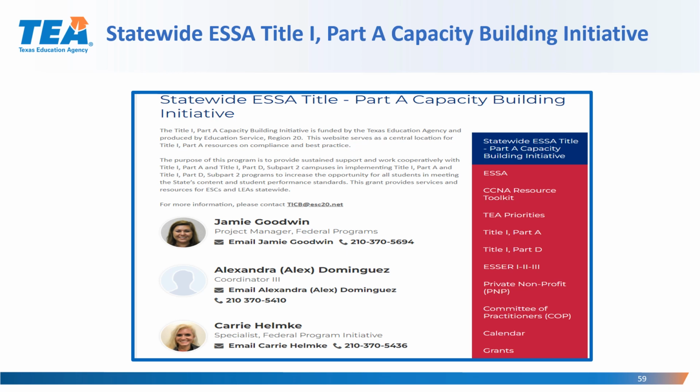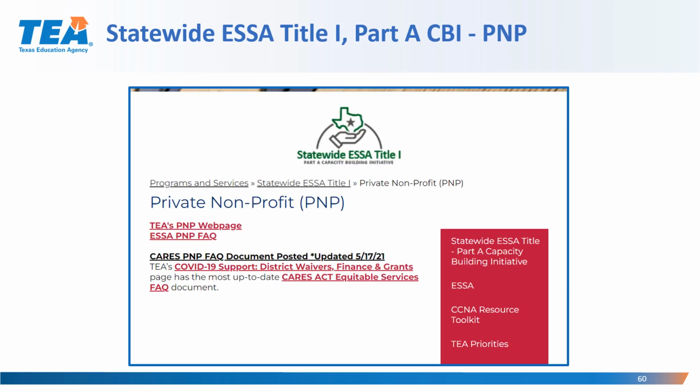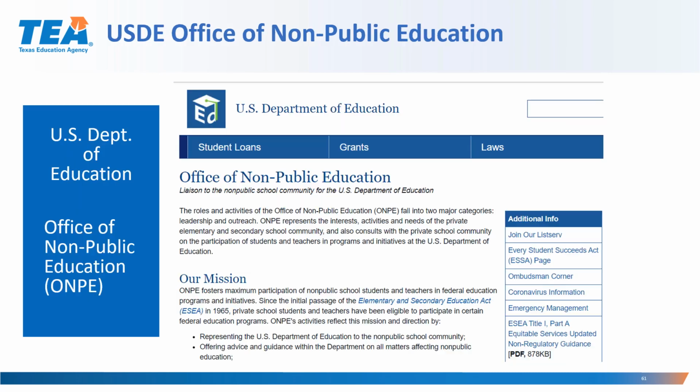This is the website for the statewide ESSA Title I Part A Capacity Building Initiative, as well as the start of the PNP webpage under the same initiative. There are more documents and materials to come. The U.S. Department Office of Non-Public Education has a webpage as well.